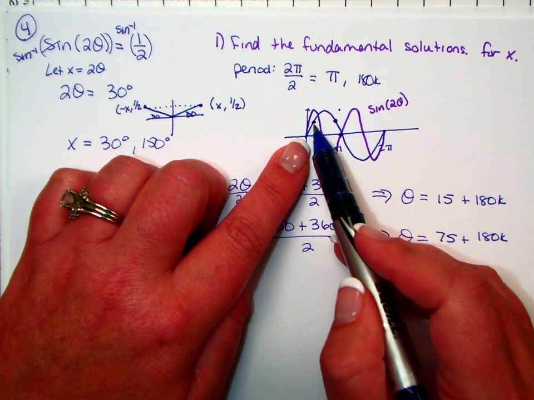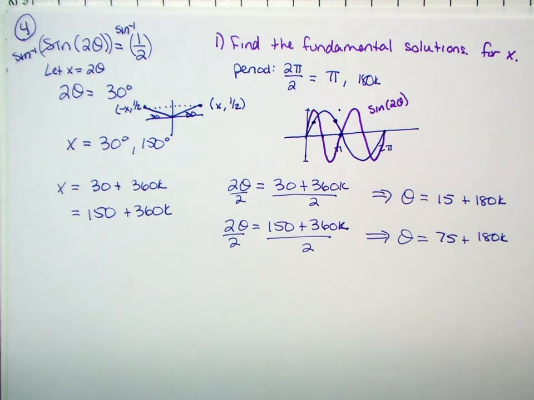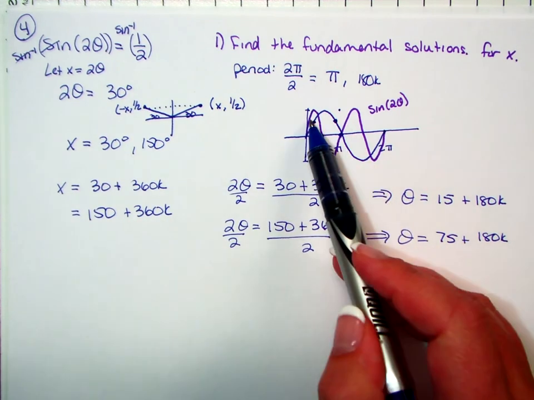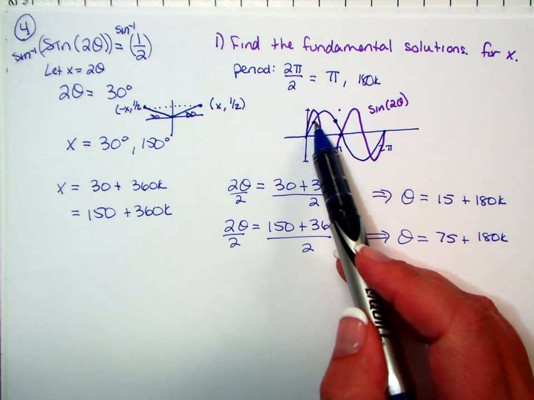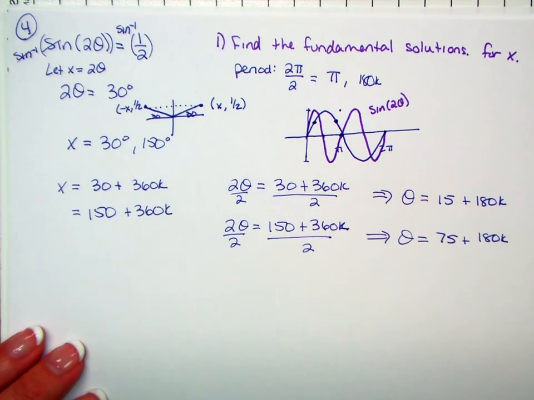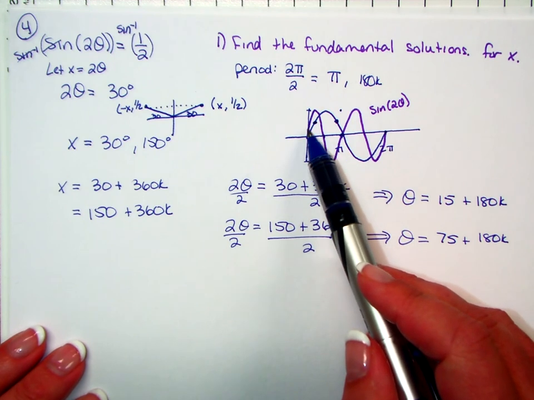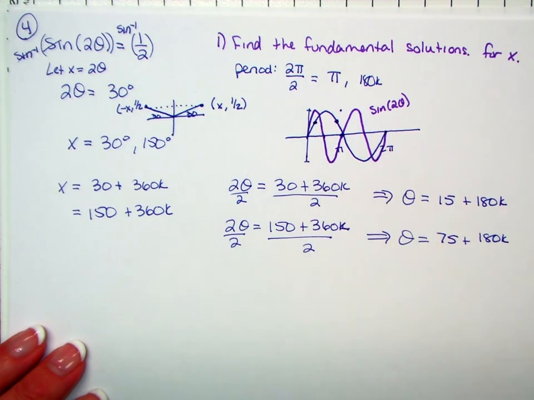They occur before these other 2. They're going to occur at 15 and 75 degrees, right? Here and here. This is where the sine value is 1/2. And not only that, but it's going to have more than 2 solutions from 0 to 360, right?